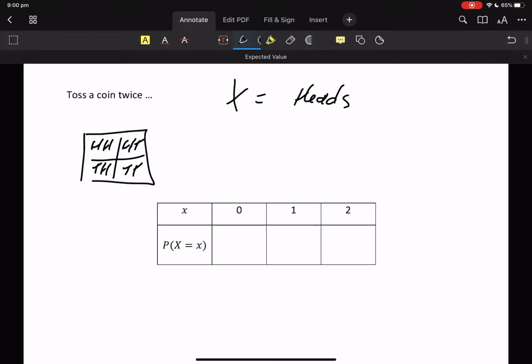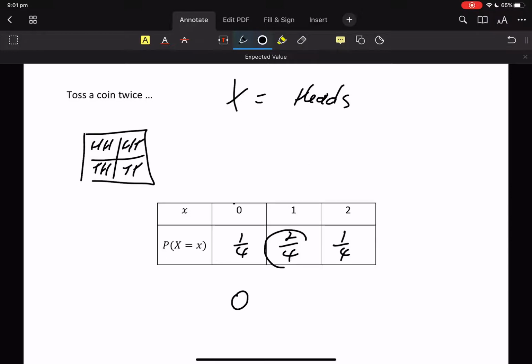Yes, it's got to be quick. So 0 heads would be 1/4, 1 head would be 2/4, and 2 heads would be 1/4. Okay, let's just multiply down. I've got a 1 in 4 chance of getting 0 heads. So if that actually happens, I end up getting 0 heads. So multiply down. 0 times 1/4 is 0.